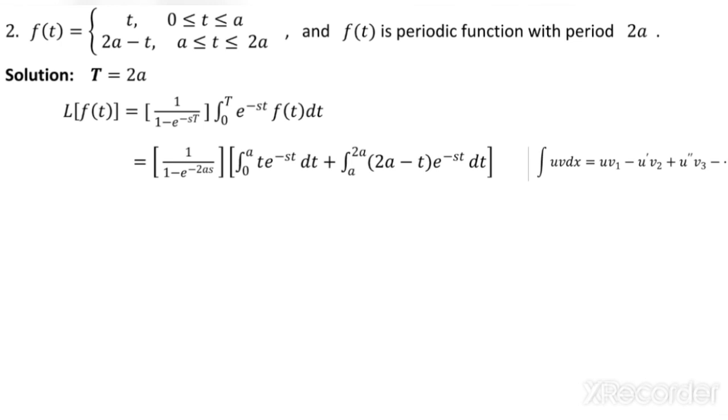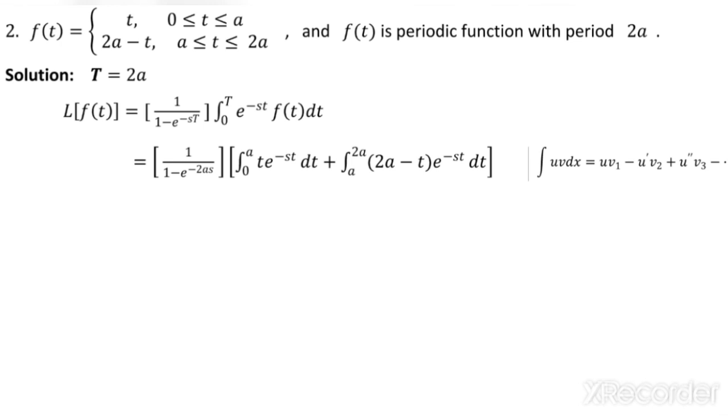So whenever it is polynomial into any function, you can go for u v1, where v1 denotes the integral of the second function, minus u dash v2, that is first derivative of the first function and second integral of the second function, and so on. We have to continuously differentiate and integrate, alternatingly taking plus and minus and plus. So the third term is plus u double dash v3.